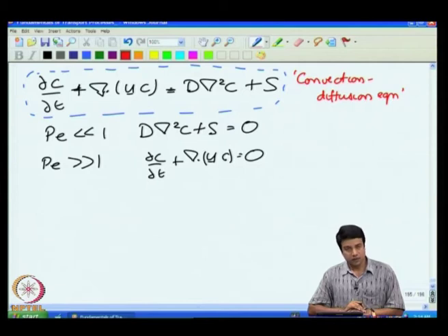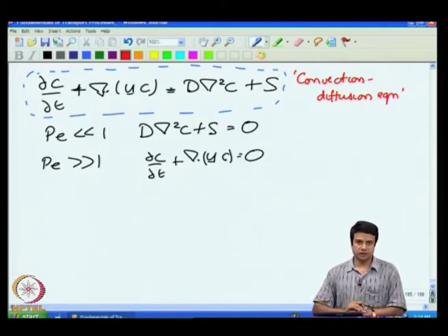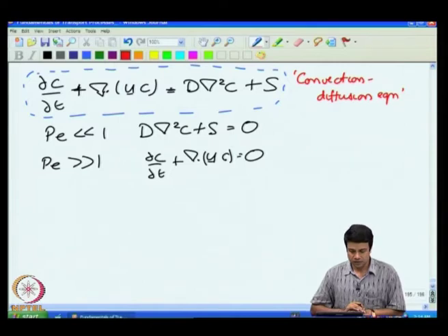This is a linear equation in the concentration field or the temperature field. So, provided the velocity is known, this equation is linear in the concentration or temperature field. So, I can solve this in order to obtain the concentration or temperature fields.